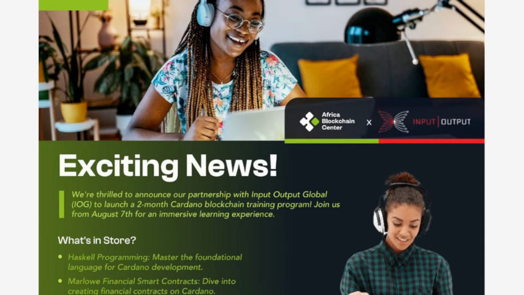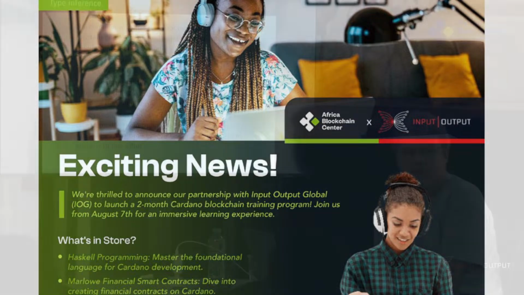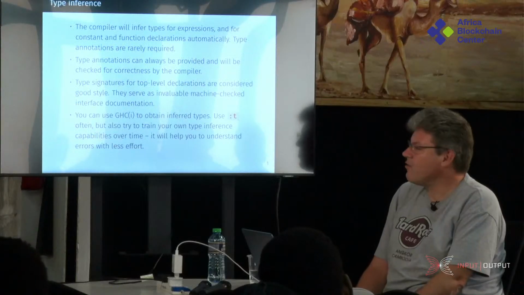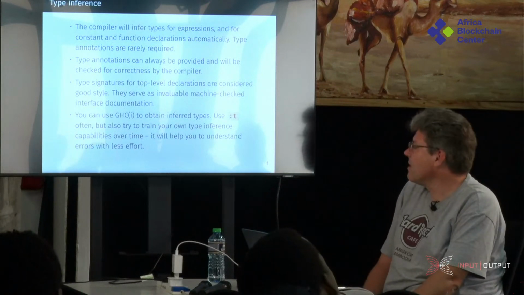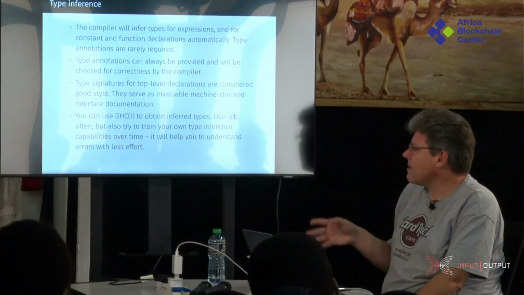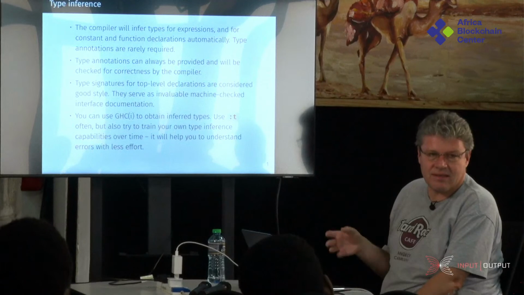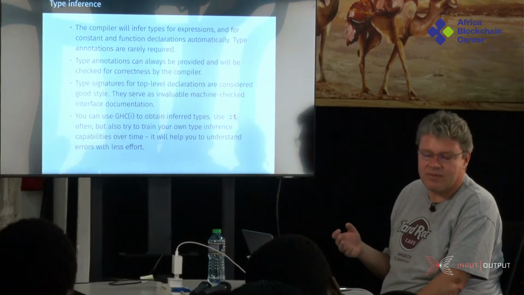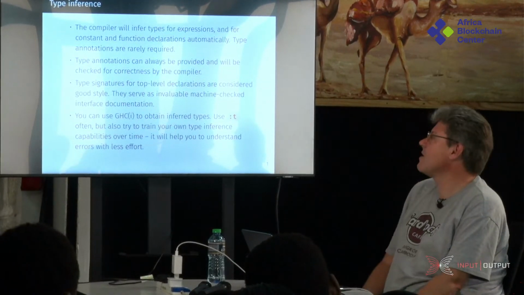But normally the compiler can do everything automatically. As long as you don't use any language extensions, you never need a type signature. There are some language extensions that we'll see later that do require type signatures. But standard Haskell 98 has perfect type inference, so you don't need any signatures.